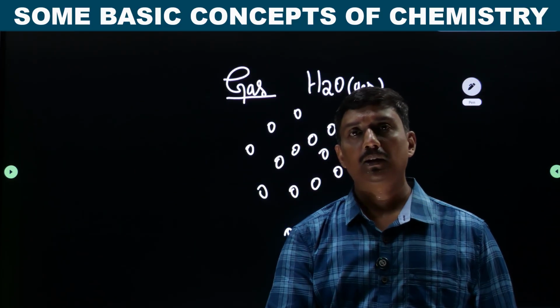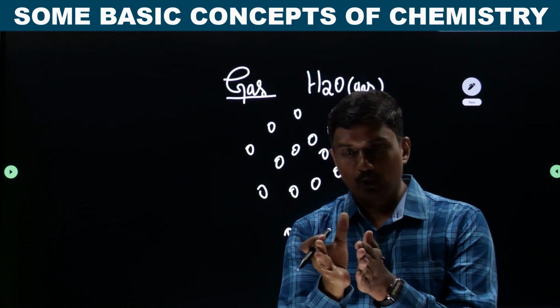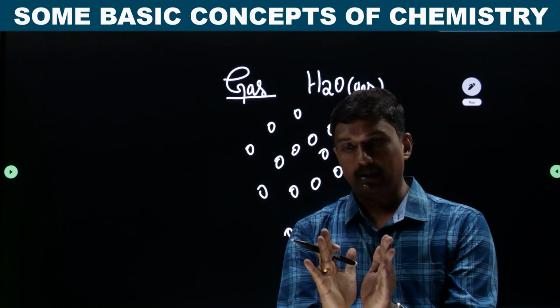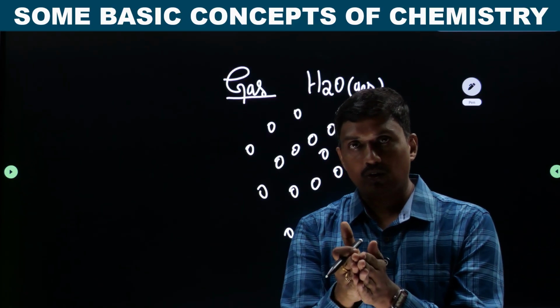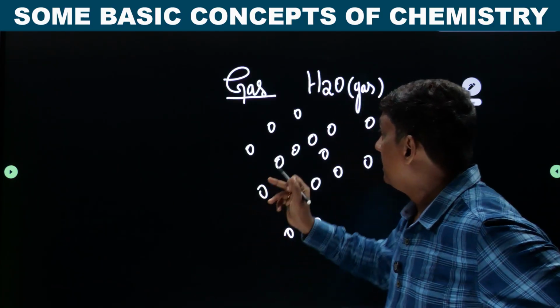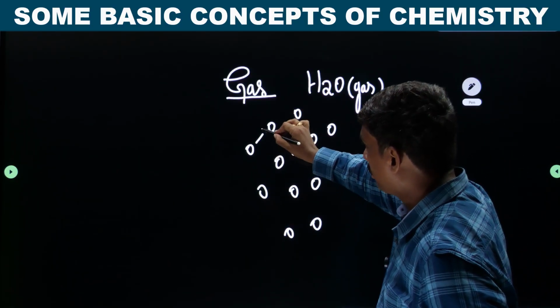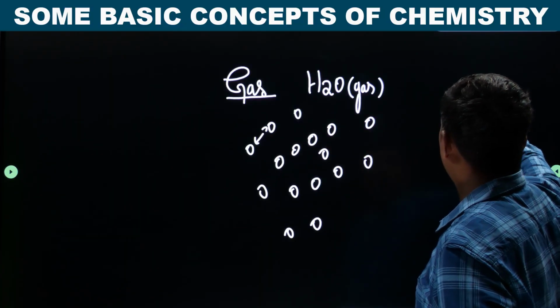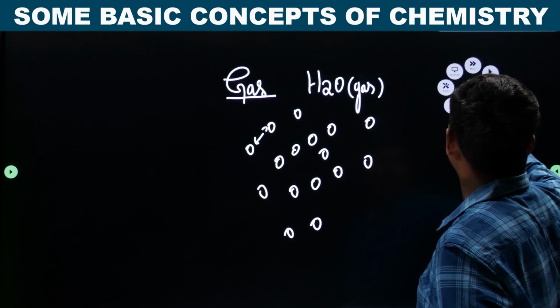Yes, a major difference is there. In the first case, the molecules are packed loosely. In the second case, the molecules are compactly arranged, a tight arrangement can be seen. In the case of a gaseous state, the molecules are away from each other.